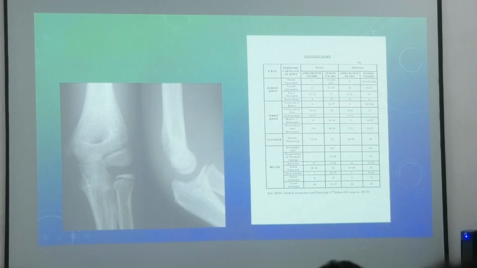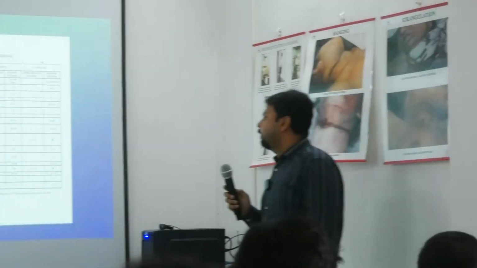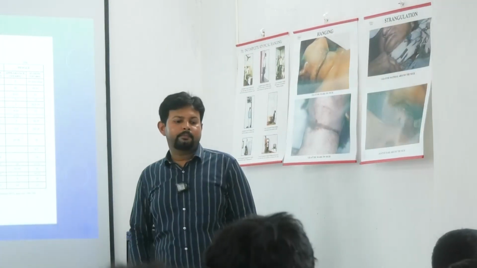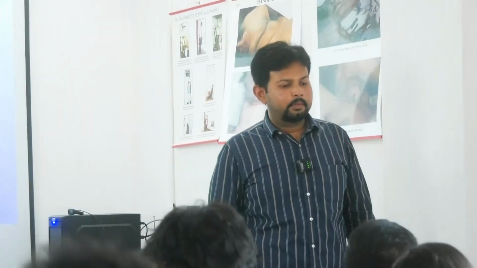Write anterior posterior or lateral view. So this is a skiagram of the left elbow joint in anterior posterior and lateral view. Assume right, female.